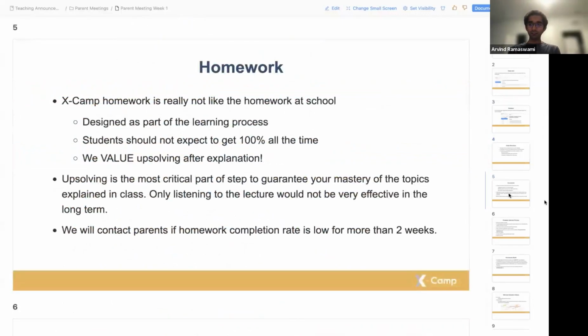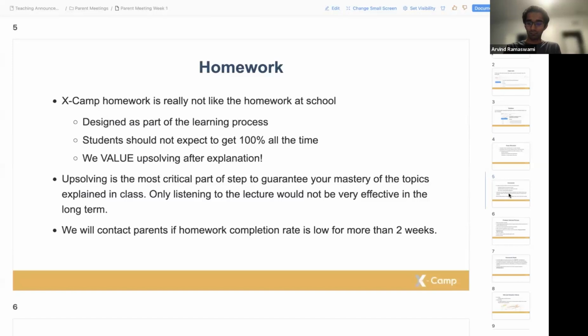Now, after the class, students will be assigned a homework exercise. Those homework exercises are a little bit different than if you're used to completing homework assignments at school. Usually homework at school is quicker, there are probably more problems, and it's easier to get full points, where students are expected to get full points on their first try if they understood the course content.